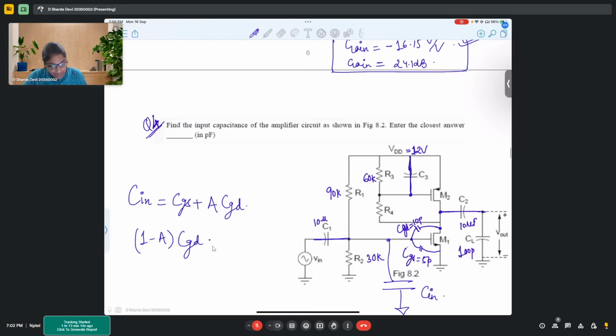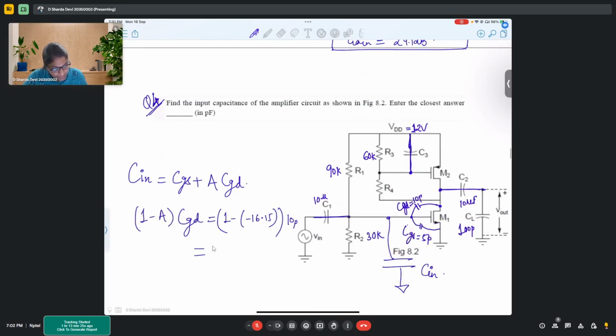So this particular one will be 1 minus 16.15 into how much was this? 10 pico. So this becomes 17.15 into 10 pico.